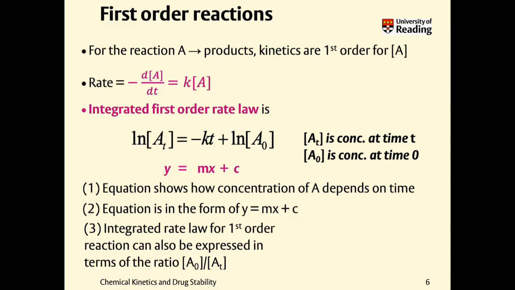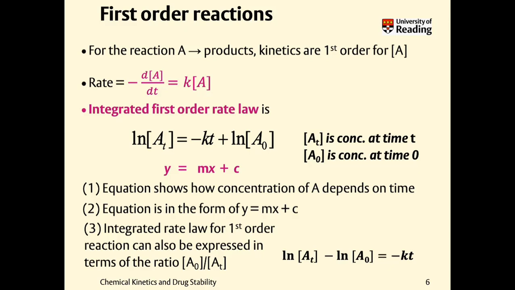So the integrated rate law for first order reactions can also be expressed in terms of a ratio. What we have in that expression there is the natural log of A at time t equals minus kt plus the natural log of the initial concentration of A. If we get it so that all of our concentration terms are on the same side of the equation, we will have that the natural log of At minus the natural log of A naught equals minus kt.